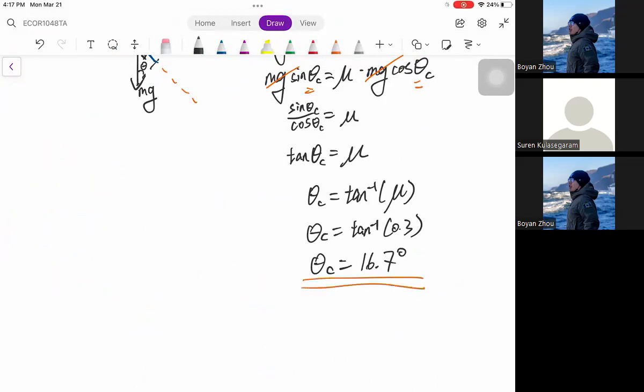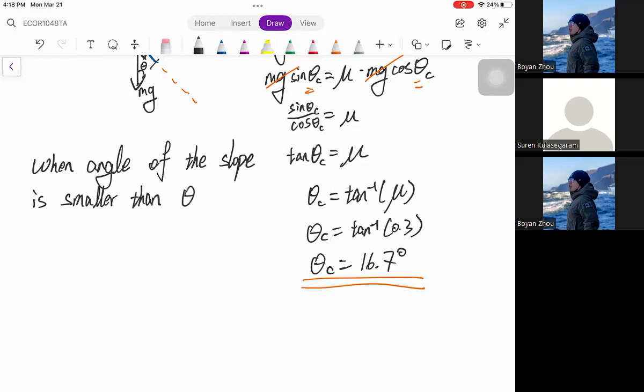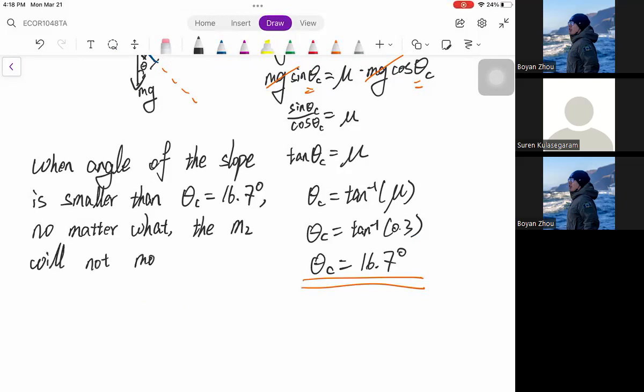So we found this angle. What does it mean? When the angle of the slope is smaller than theta critical, that is 16.7 degrees, no matter what, M2 will not move downward.